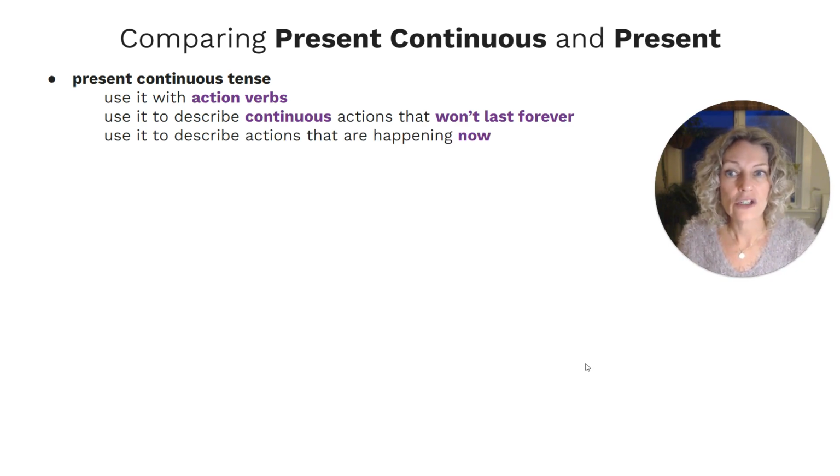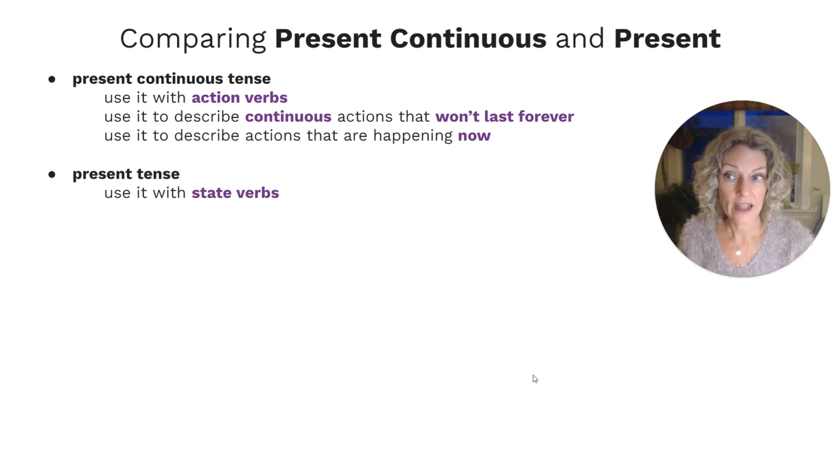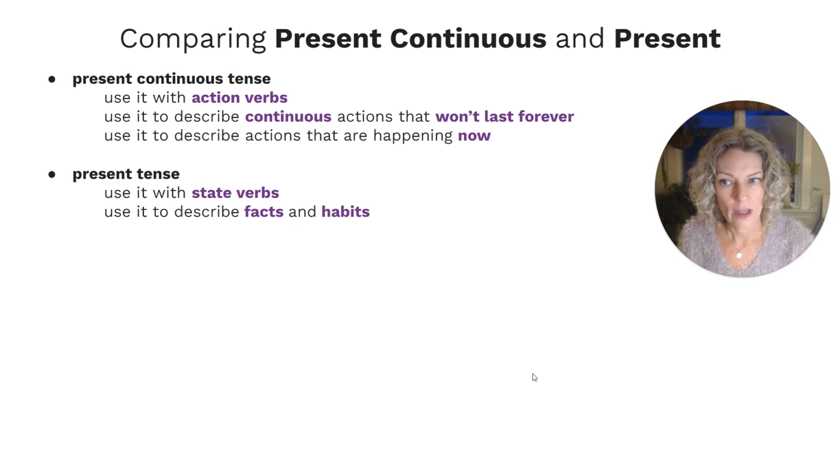And we use it to describe actions that are happening right now in the present. On the other hand, with the present tense, we use it most often with state verbs, those ones that we can't see. And we use it to describe facts and habits. Those are things that might last forever.